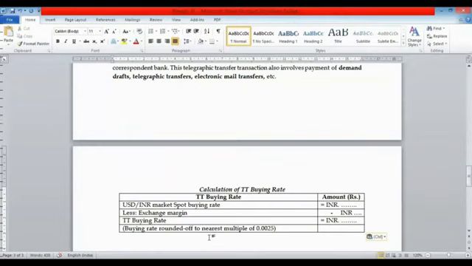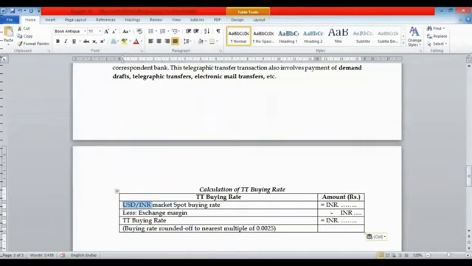Under the particulars column, you can write first USD oblique INR. Always remember, this is the way of writing. As the foreign currency is USD, USD will be there, and the home currency is Indian rupee, so INR will be there.